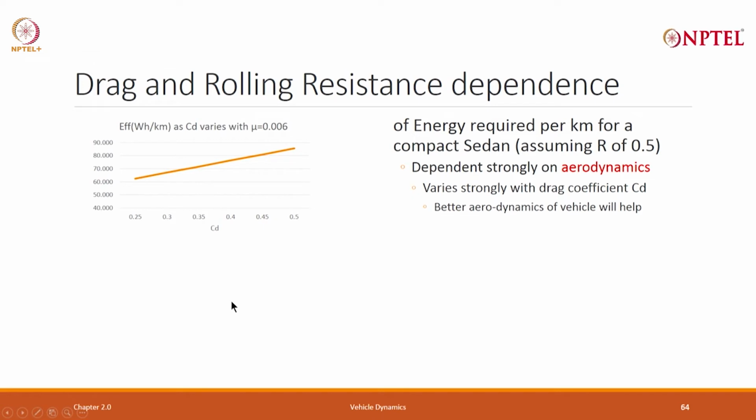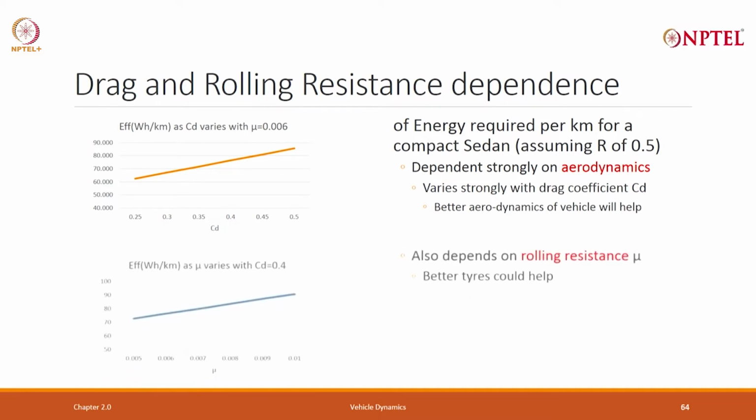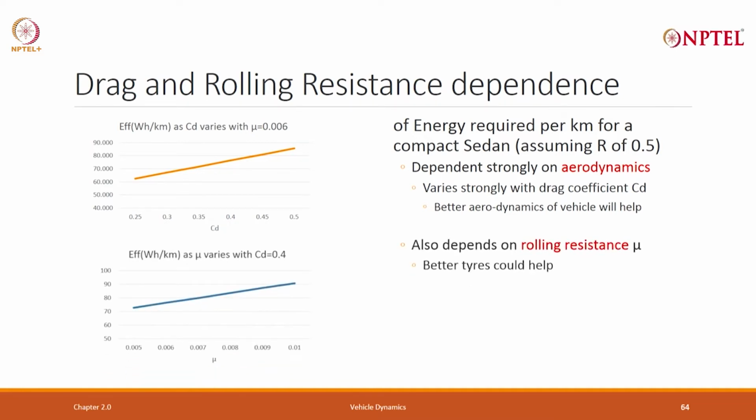So, one has to be very careful, each of the parameters, sensitivity, this is called sensitivity analysis. I have to be very careful that my CD does not go up, CD is as low as possible. Similarly, I fix a CD and start varying the mu, the rolling resistance this time.